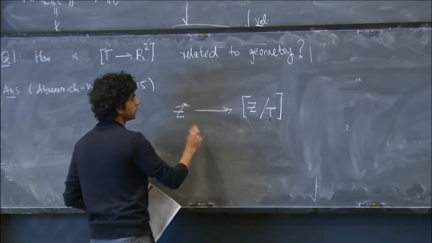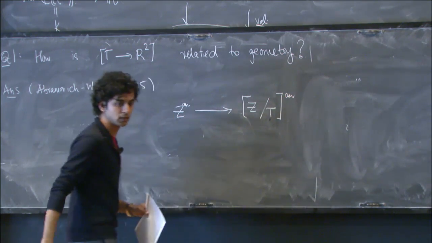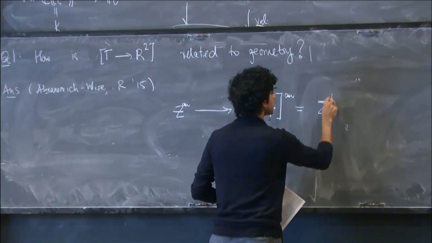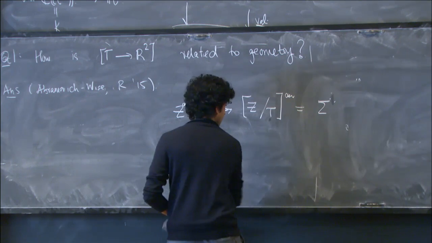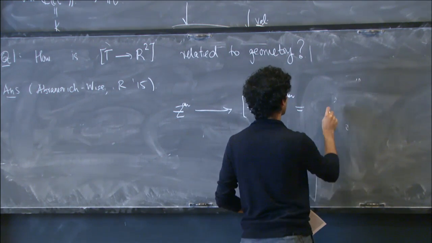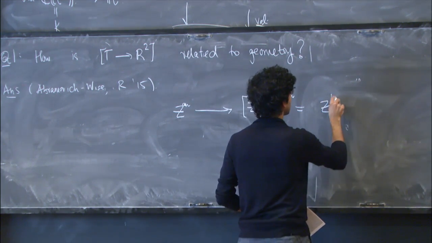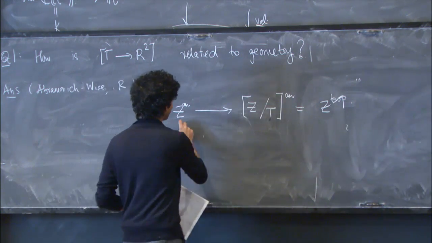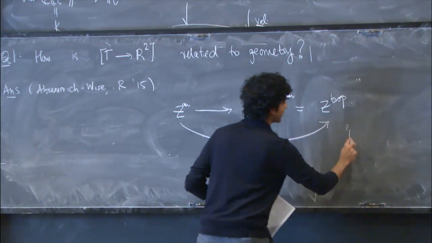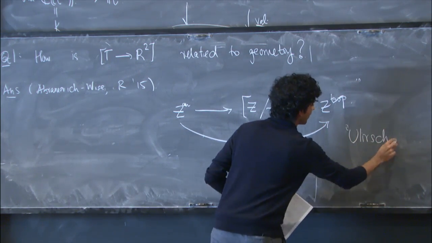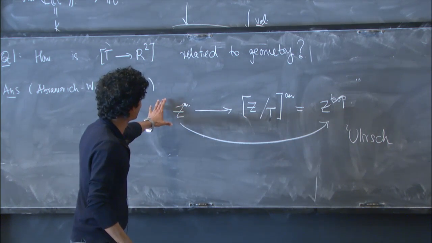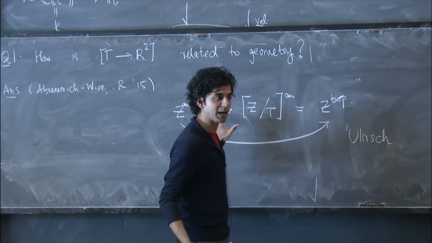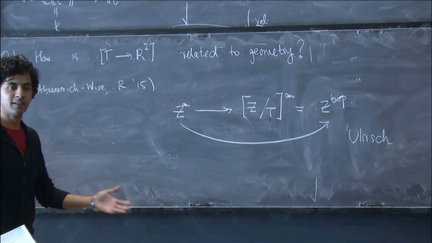But then if I take an appropriate Berkovich analytification of this, it was noticed by Martin Ulrich, this is Ulrich's theorem, that the map from the analytification to this sort of canonical map to the stack quotient is exactly tropicalization.